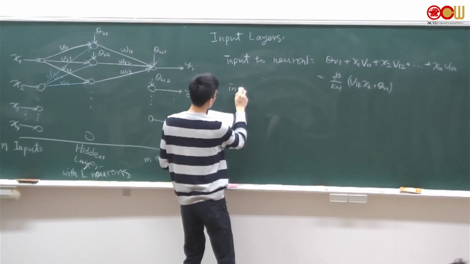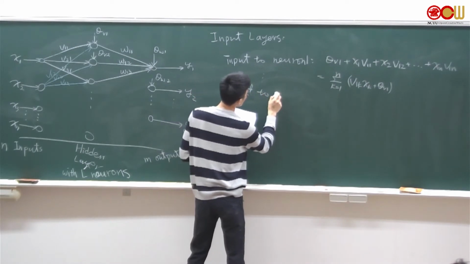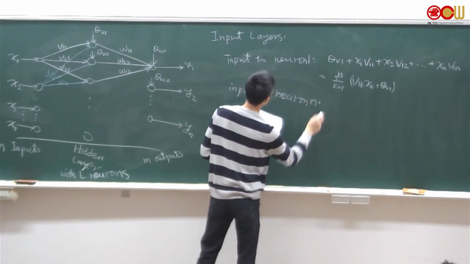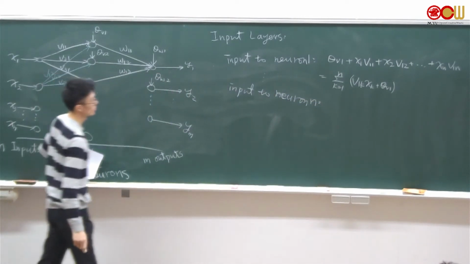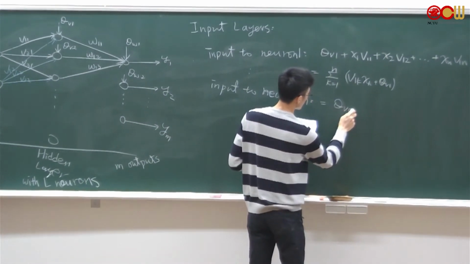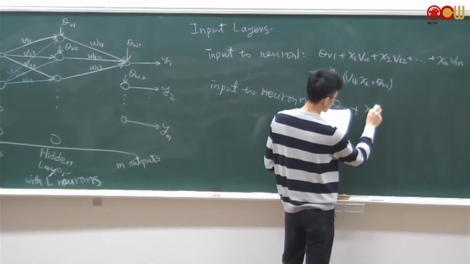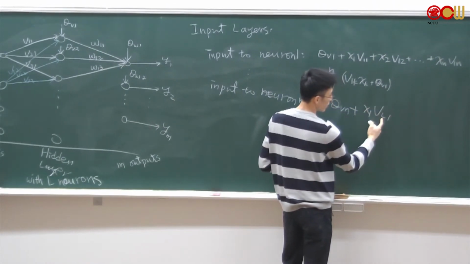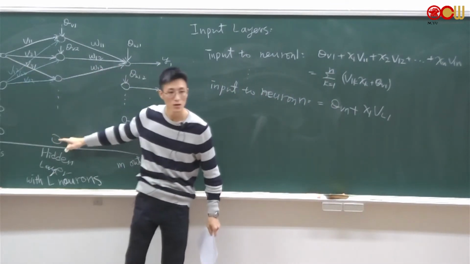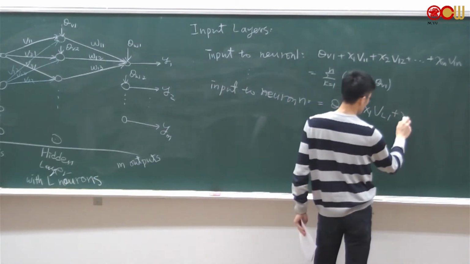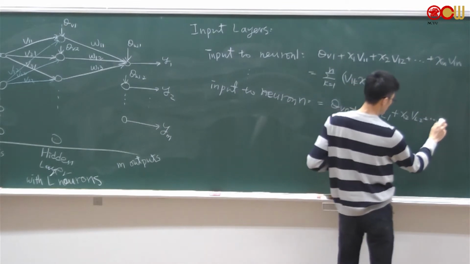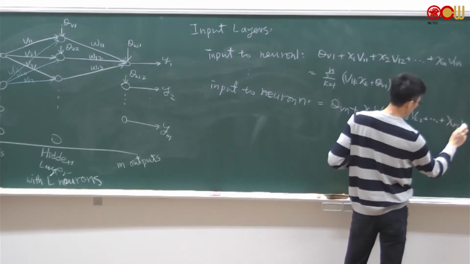And the input to neuron L is similar. It can be theta vL plus x1 vL1, where L is the weightings from here to here, plus x2 vL2, plus, plus xn vLn.